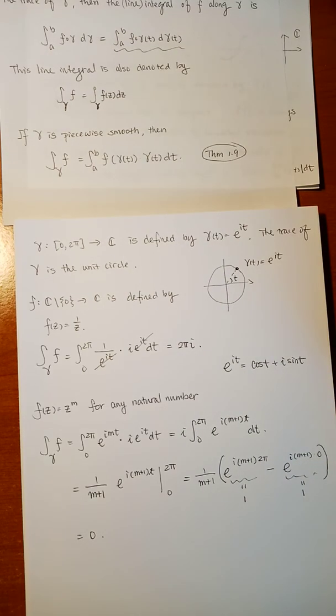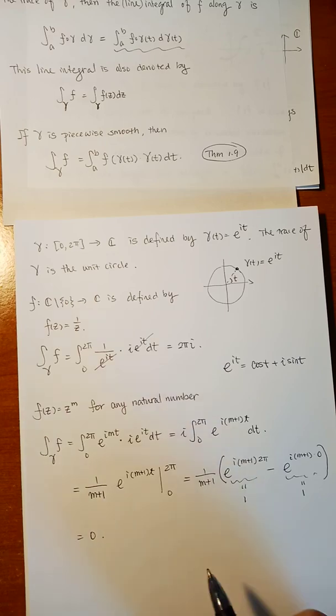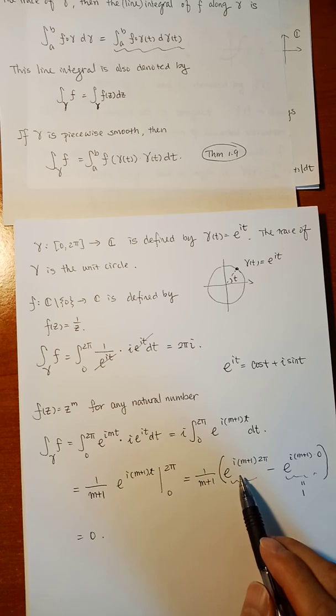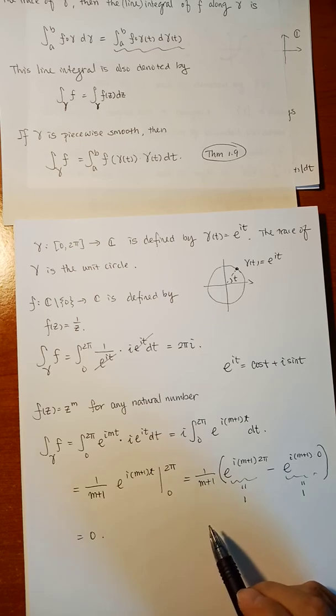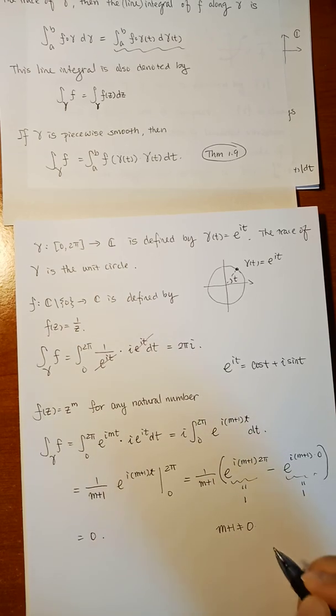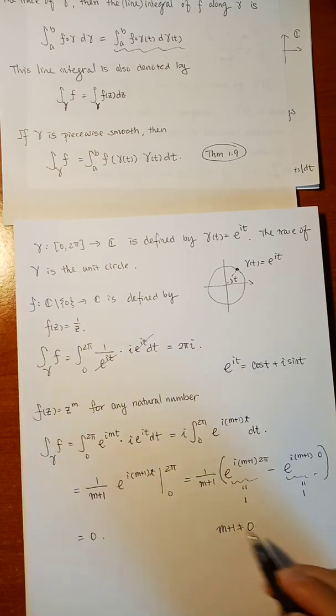Okay, so let's check this computation. Yes, this computation has only one requirement: m plus 1 cannot be 0. If m plus 1 is 0, then there's no such denominator, right?